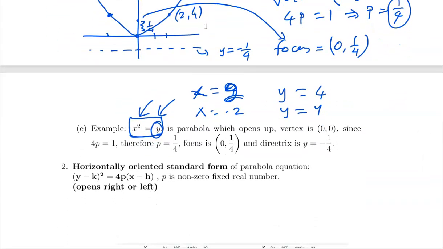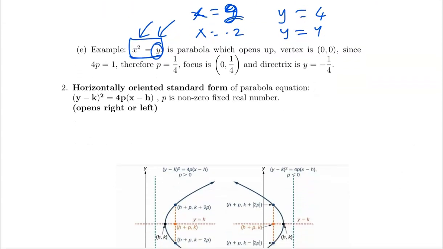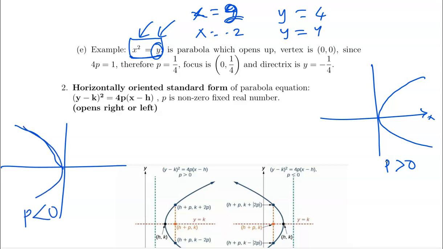All right, let's talk about this one, right? Horizontal orientation means it opens sideways. It opens right means positive, x is on the positive side, so your p is bigger than 0. If it opens left, your p is less than 0. So it's the same equation like that, but remember that in this case it's y squared equals 4p times x minus h, with y minus k.